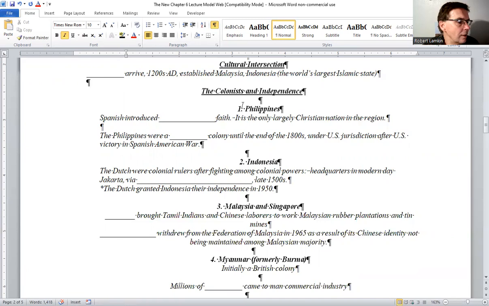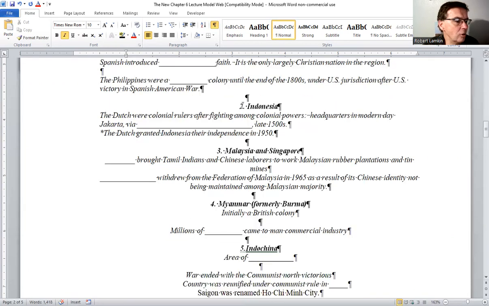Indonesia. The Dutch were colonial rulers after fighting among colonial powers. They set up their headquarters in modern-day Jakarta via the Dutch East India Company in the late 1500s. Jakarta, again on page 275, is still the capital of Indonesia.